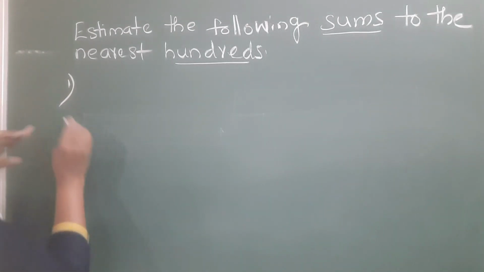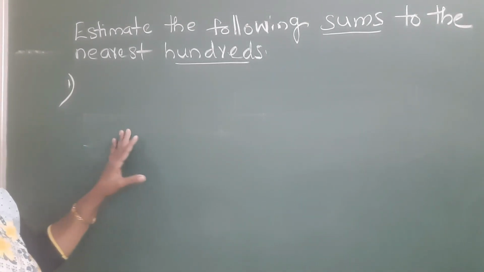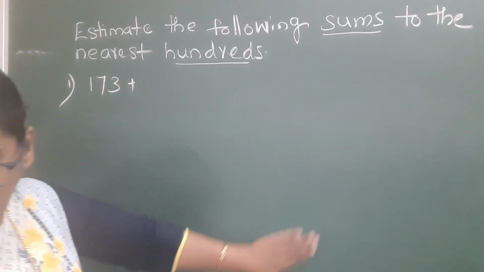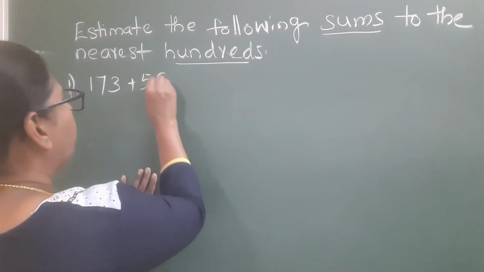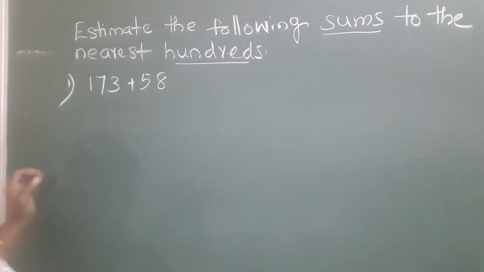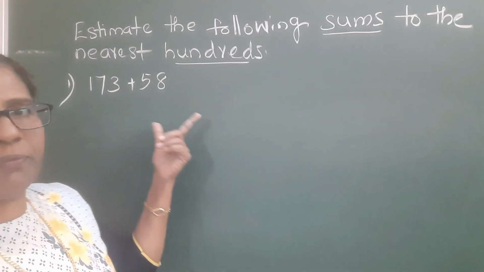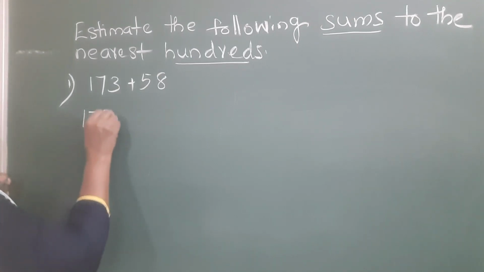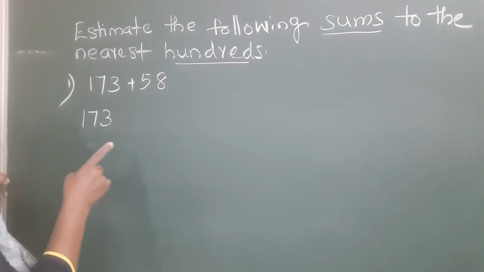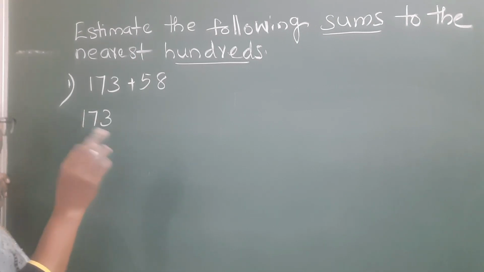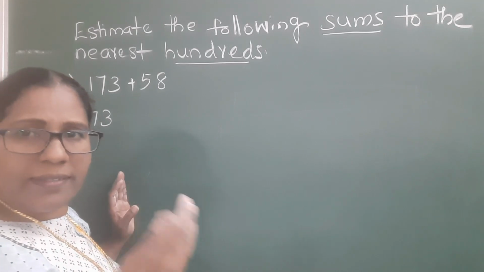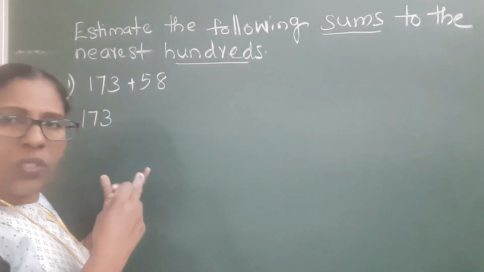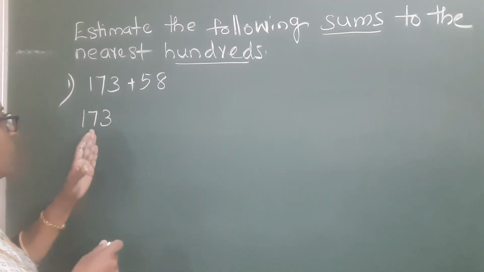Now let's do rounding off to the nearest hundreds. First question is 173 plus 58. When you do this rounding off, you must keep that scale in your mind. First, let's do 173. When we did rounding off to the nearest tens, first we saw which digit is there in ones place. When you do rounding off to the nearest hundreds, we have to see which digit is in tens place.